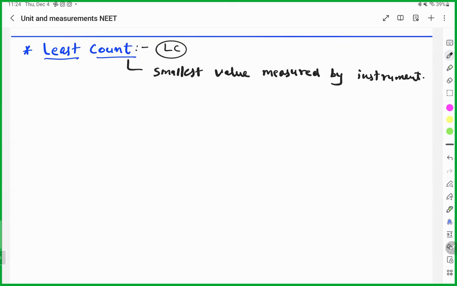For example, if you take this 15 centimeter scale, the minimum value you can measure is 1/10 of a centimeter, 1 millimeter, right?